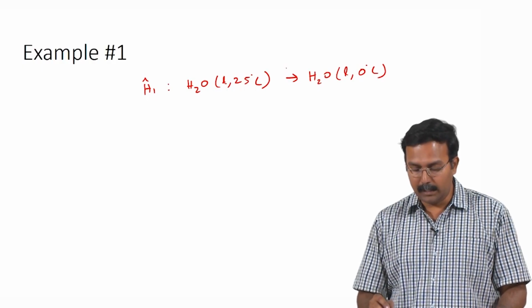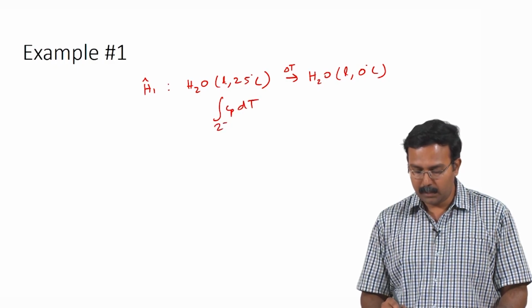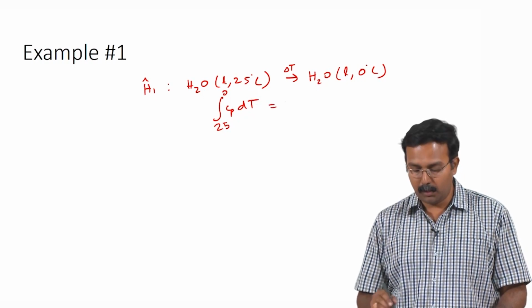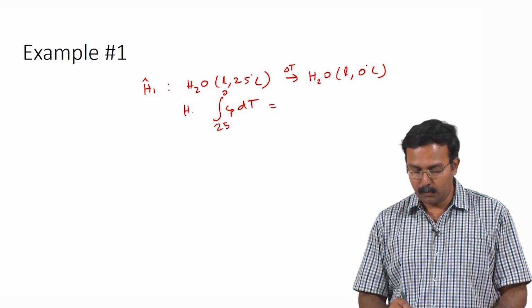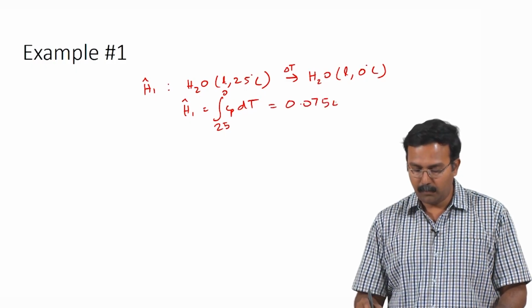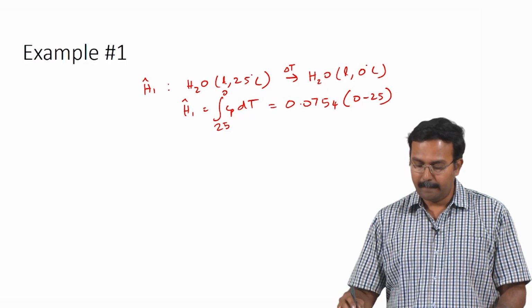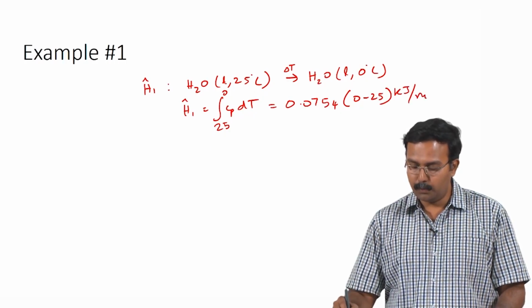Here it is only delta T which is happening. So, all we need to do is integral Cp dt, where temperature changes from 25 to 0. We already know the Cp for water. So, H1 cap would be equal to 0.0754 times 0 minus 25. This would be in terms of kilojoules per mole.